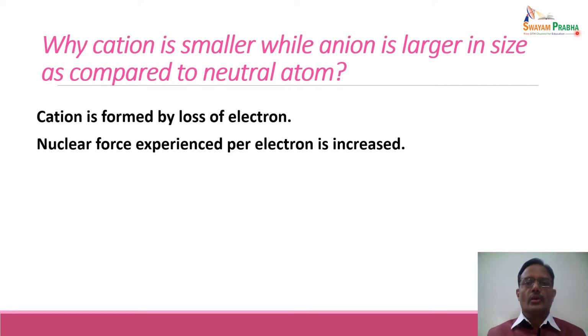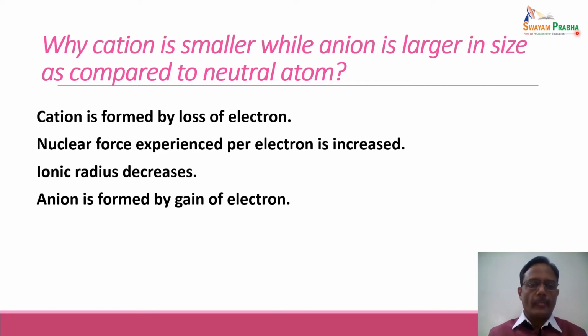As a result, the nuclear charge remains the same while one electron is lost, so the nuclear force per electron gets increased. Hence, the ionic radius decreases due to the greater force of attraction experienced by the electrons towards the nucleus. So they get shifted closer to the nucleus and the ionic radius decreases.